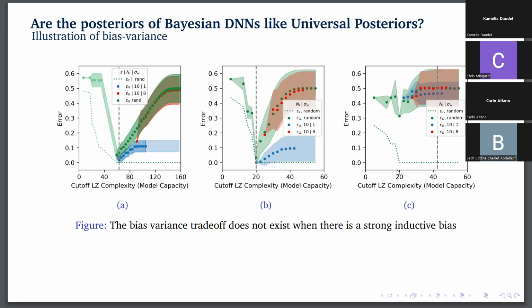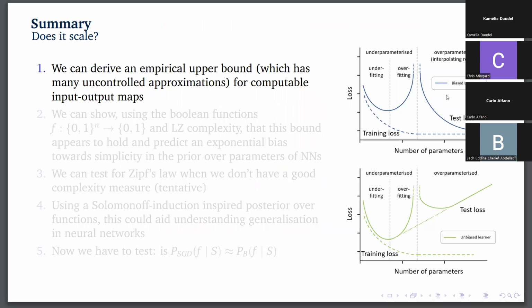Obviously, if I have a completely random target function, which was completely randomly generated, I don't get any bias variance trade-off because you're never going to learn the complex function no matter what you do.